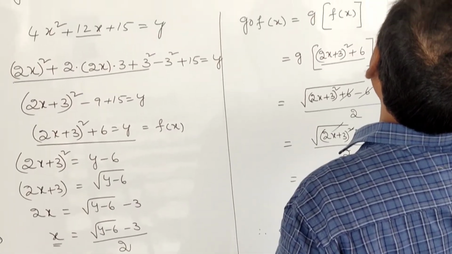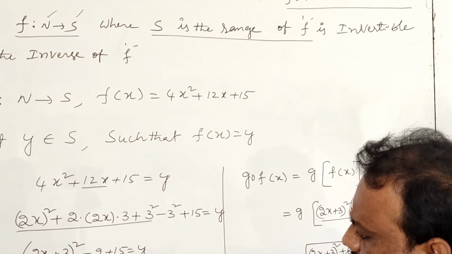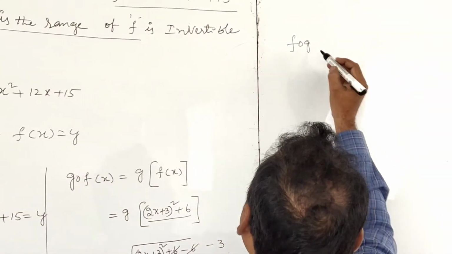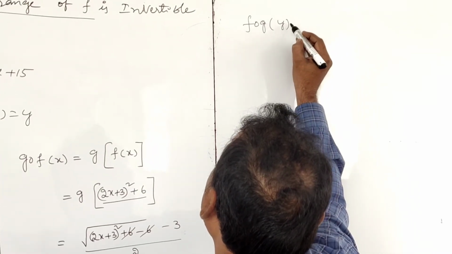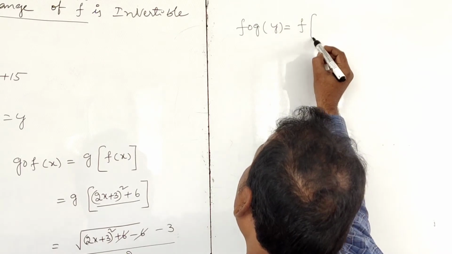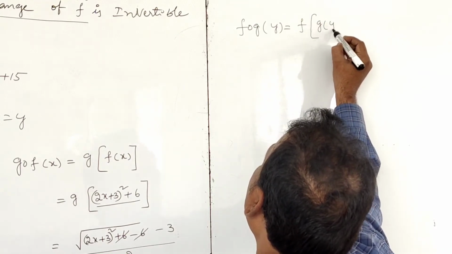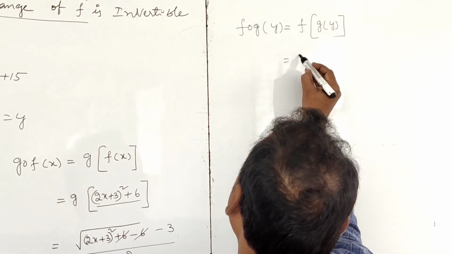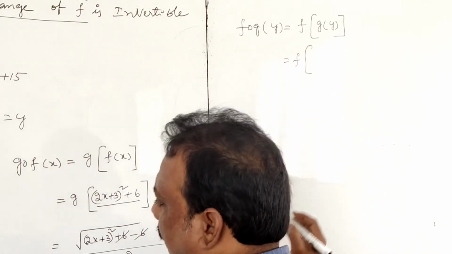So f circle g, g is a function in the domain y. That's why we are going to write the formula f circle g of y. So the formula is f of g of y. So f of, what is g of y?